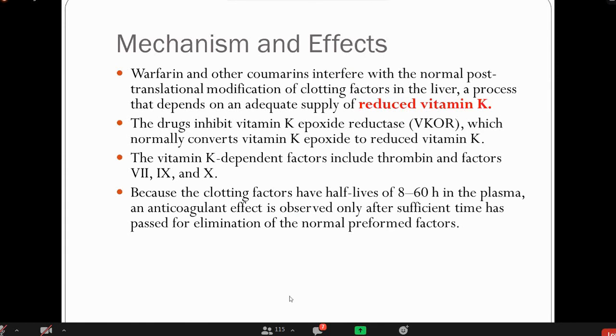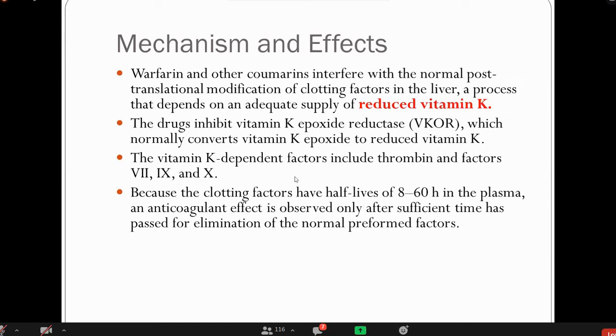Warfarin and other coumarins interfere with the normal post-translational modification of clotting factors in the liver, a process that depends on an adequate supply of reduced vitamin K. The drug inhibits vitamin K epoxide reductase, which normally converts vitamin K epoxide to reduced vitamin K. This we have already discussed.